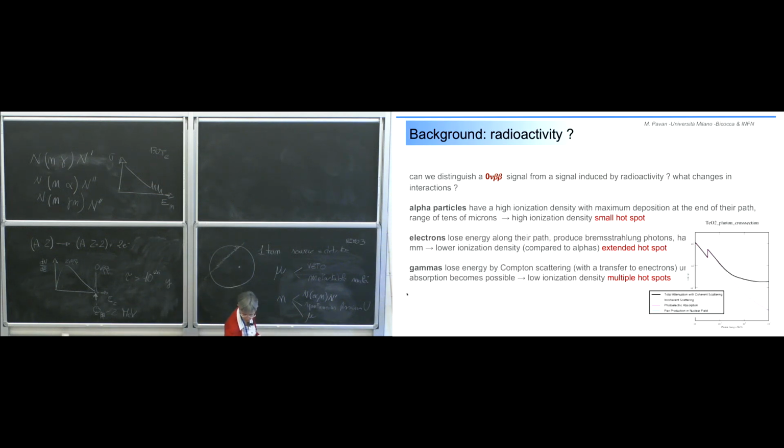It is really just a dot, okay? Because this is a few millimeters, I think I wrote 2 millimeters, and this could be 10 microns. So it's a small spot with a high ionization density.